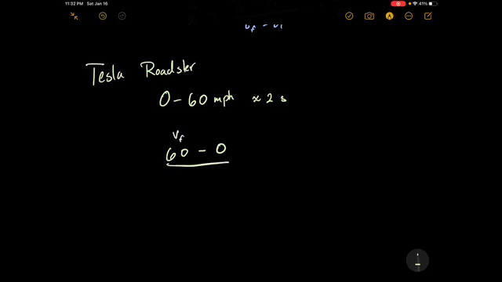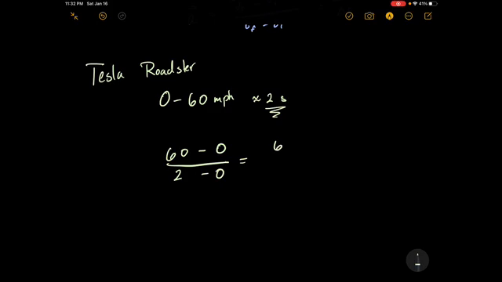So this is VF minus VI. That's what we did here. And this is being divided by TF minus TI. Well, we started at time 0. That's when we started counting. And it said that we only counted for 2 seconds. That's just being divided by 2.